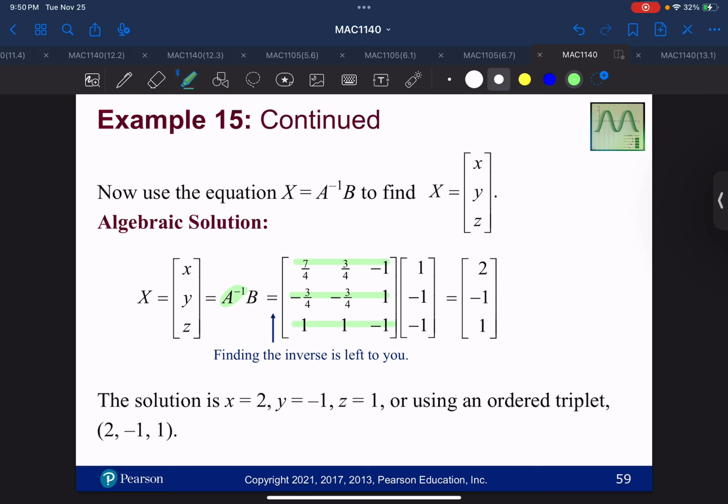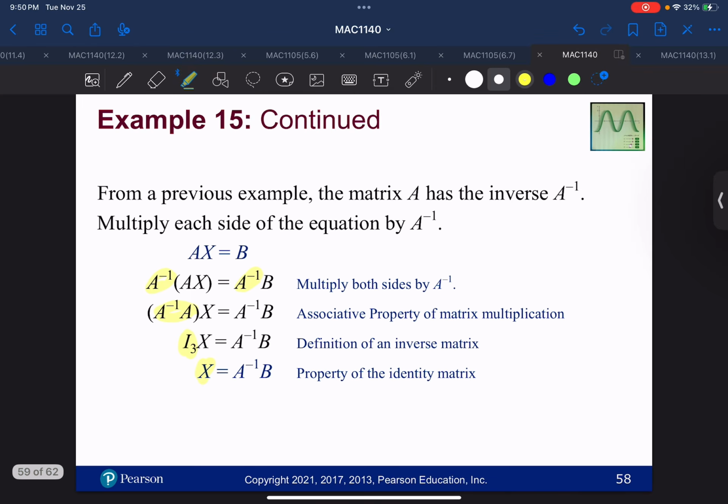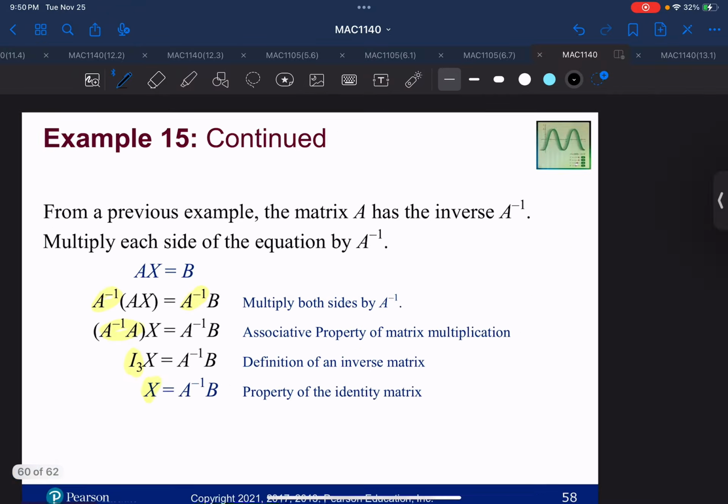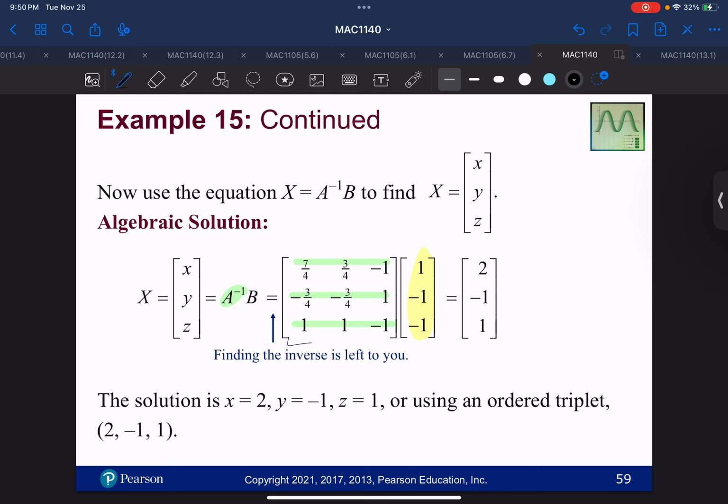And then they're multiplying that by the constant matrix. So if you did type this matrix A into your calculator and find the inverse, it would give you this matrix here.